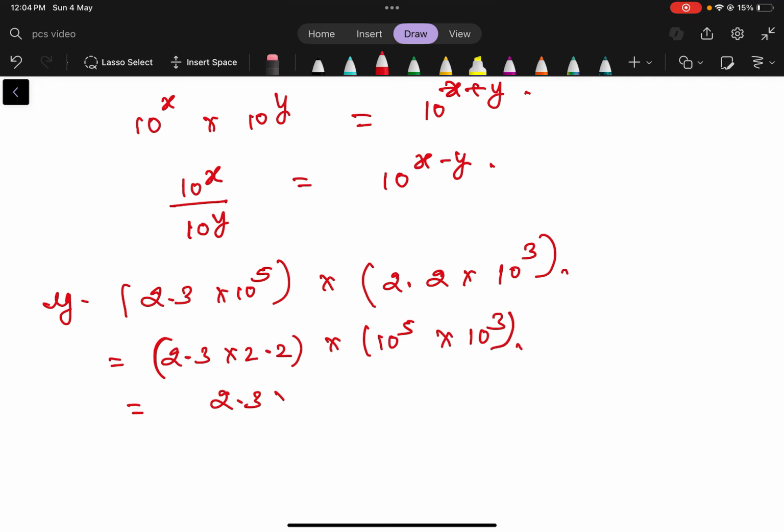So when I multiply 2.3 into 2.2, let me start the calculator.